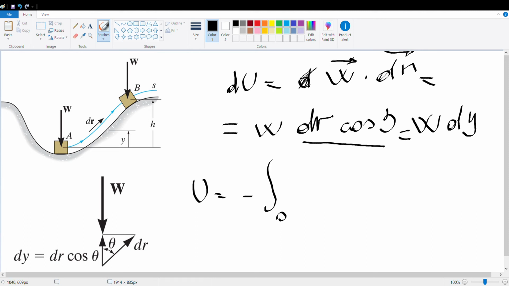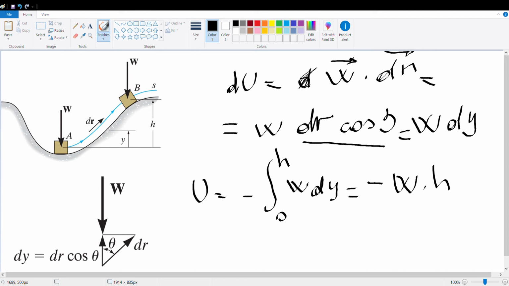Integral between the initial point, which I call 0, and the final point h, of weight dy, and this is just minus W times h. So the work only depends on the vertical displacement, and that's through whatever trajectory I use.